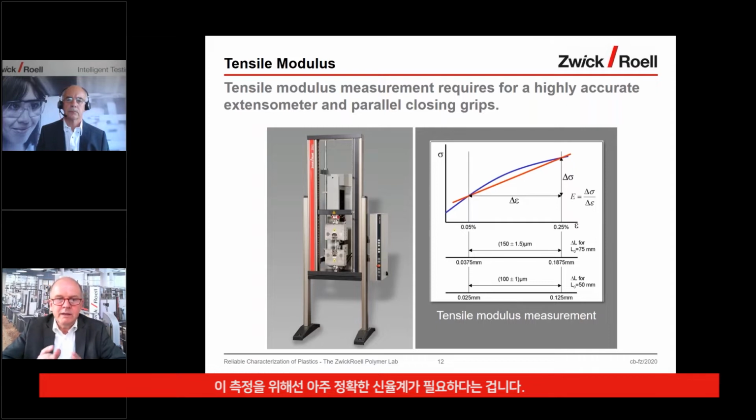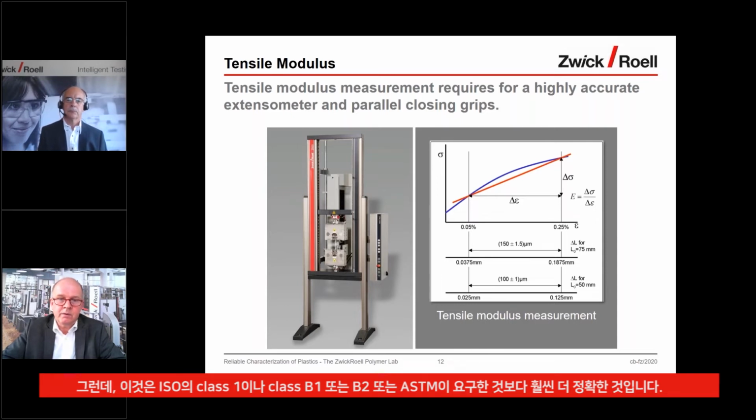So you really need a very accurate extensometer for doing this. And by the way, this is something much more than only required by a class 1 in ISO or by a class B1 or B2 in ASTM. You have to respect the specific requirements which are described in Annex C of ISO 527 Part 1.